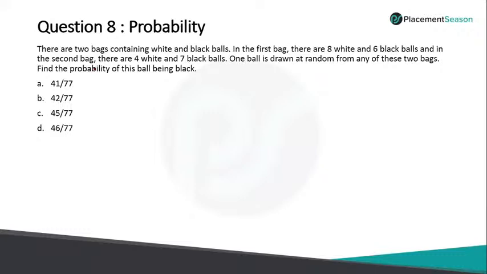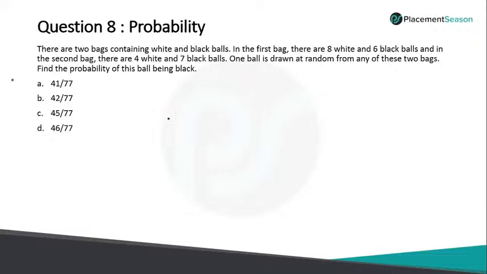So I need to draw one ball, and that ball should be a black ball, right? I can draw from either first bag or from the second bag. So first bag or second bag. I have to take first from the first bag or second bag.